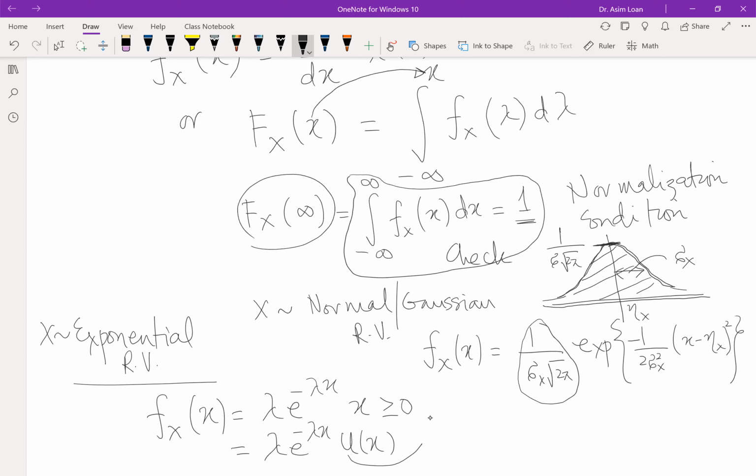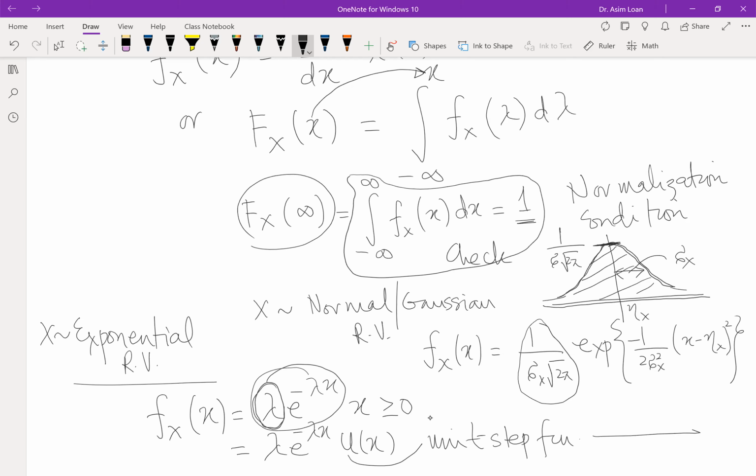This u of x is a unit step function. Same here, this lambda is the normalization condition. If you just integrate e to the minus lambda x, this is not going to be equal to 1. But if you integrate lambda times e to the minus lambda x, this will integrate to 1. It's a positive random variable, and u of x is a unit step function.